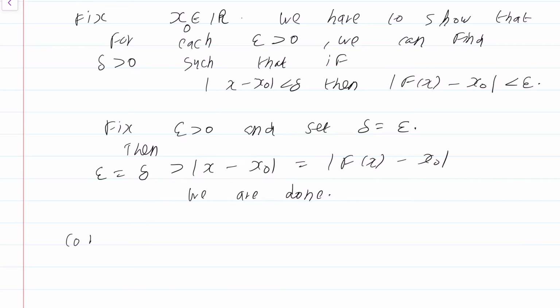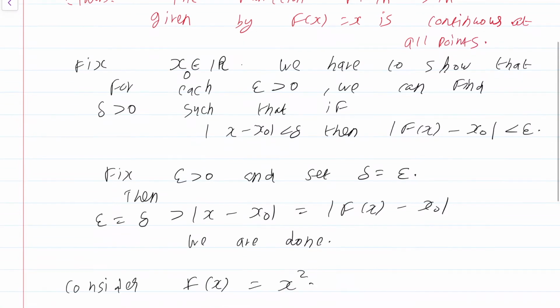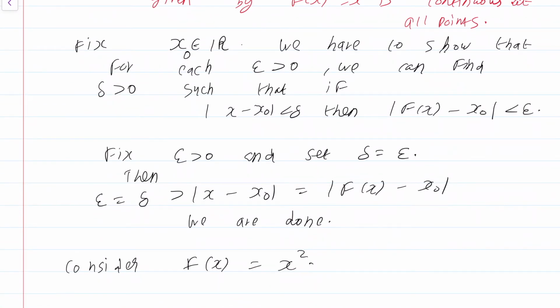Okay, now a slightly more complicated example, only slightly more. Consider f of x equals x squared. Okay, I want to claim this is also continuous at all points. Now how do I show f of x equal to x squared is continuous at all points?